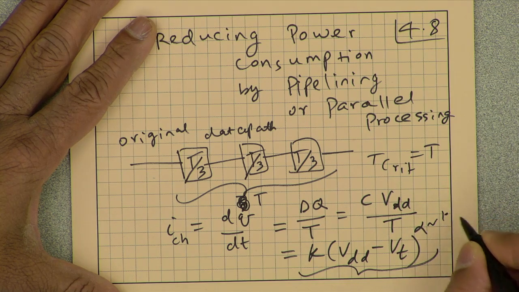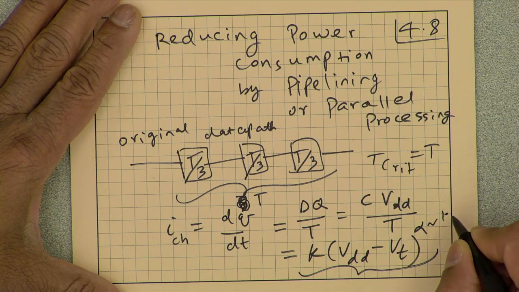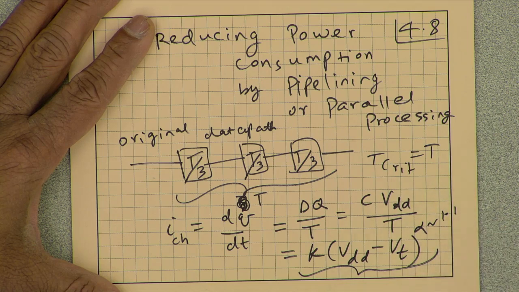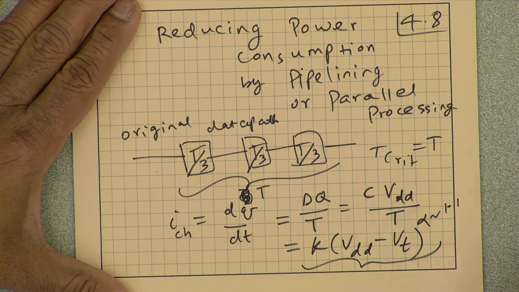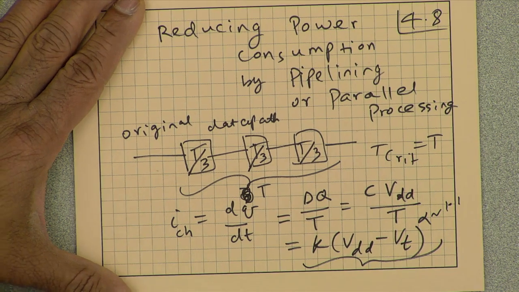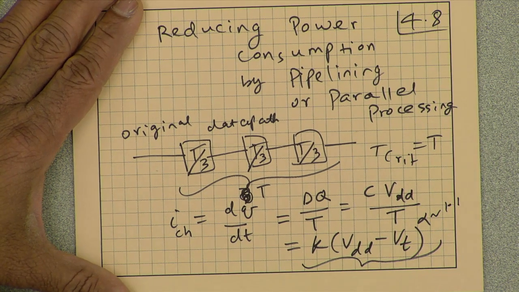When the book was written 20 years ago, alpha as mentioned in the book was 2, but alpha is probably more like 1.1 or so in today's technologies. When the book was written, these numbers look very strange, maybe a 5 volt supply voltage, but the supply voltage today may be more like 1 and 1.2 volts.